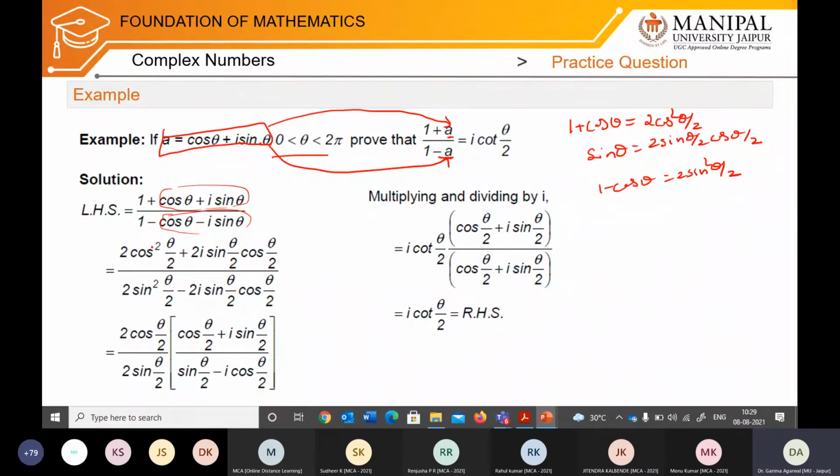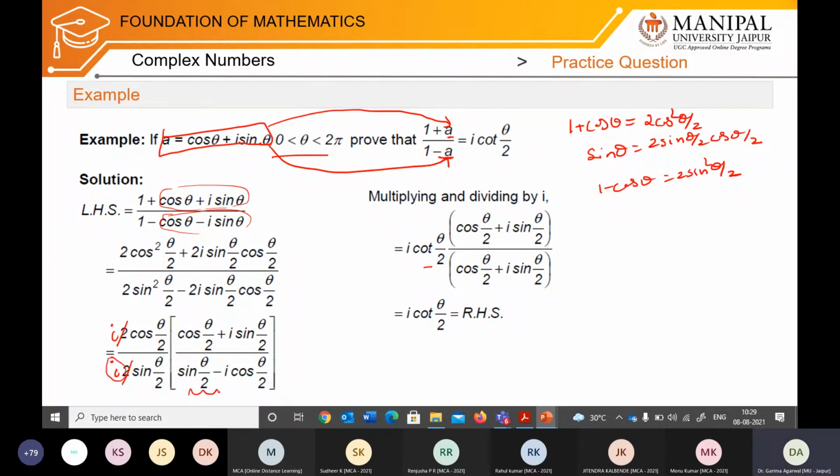Then we'll take 2 and cos theta by 2 common from the numerator, and 2 and sin theta by 2 common from the denominator, right? 2 will cancel out. Cos by sin can be written as cot. One more thing, here the denominator and numerator we cannot cancel, right? So what we'll do, we'll multiply and divide by iota.